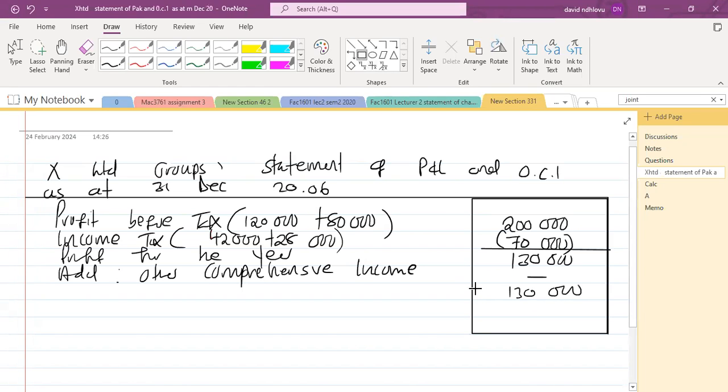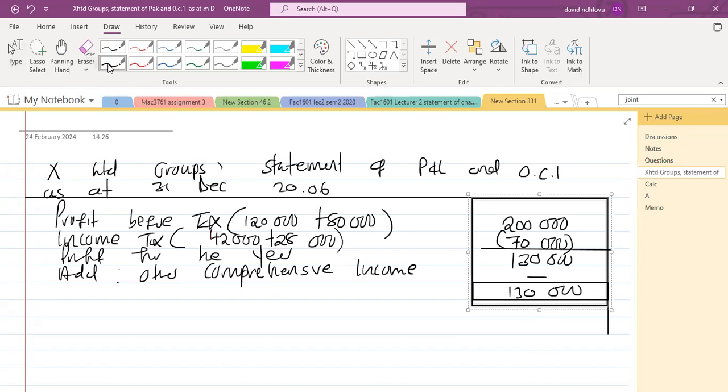This value that you get here, 130,000, represents our total comprehensive income.